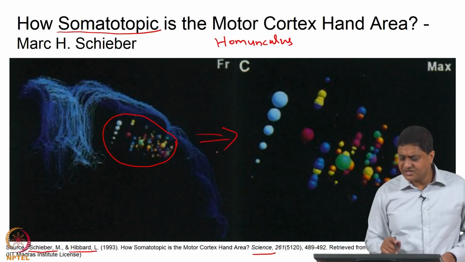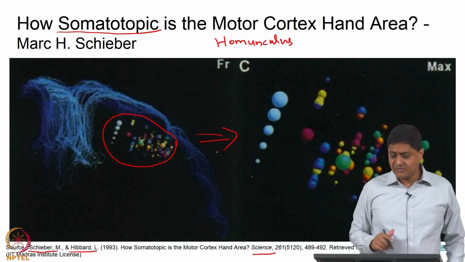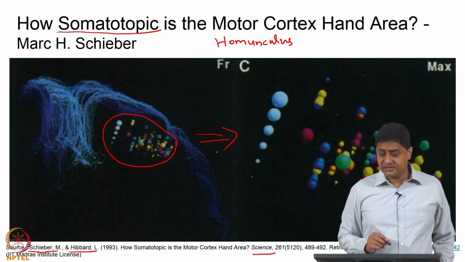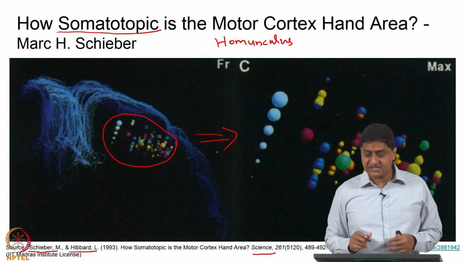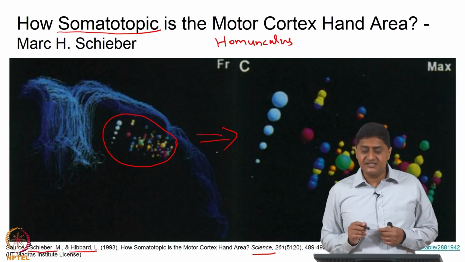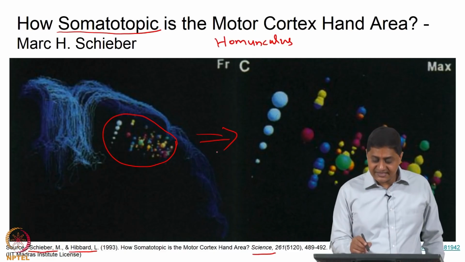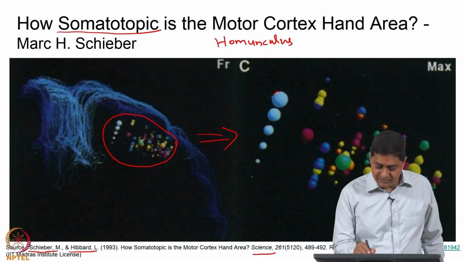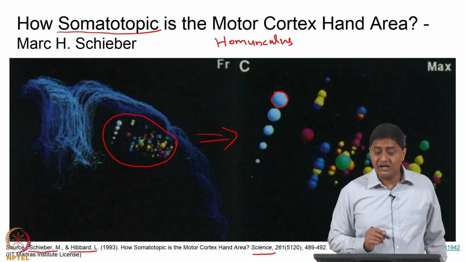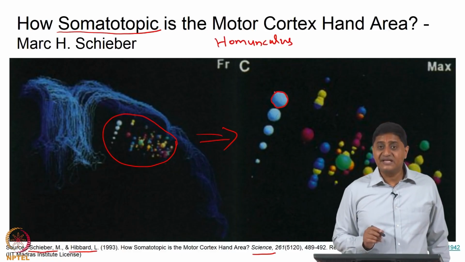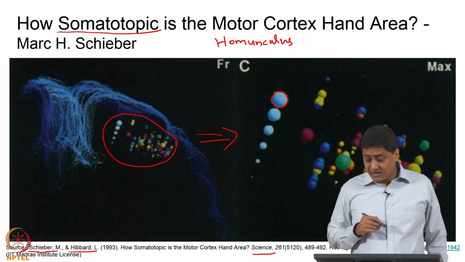This is actually a zoomed in version of the same. So, let us take a look at the actual representations. Different colors in this picture represent different digits or the wrist, and the size of these circles represents the level of activity of the neuron.